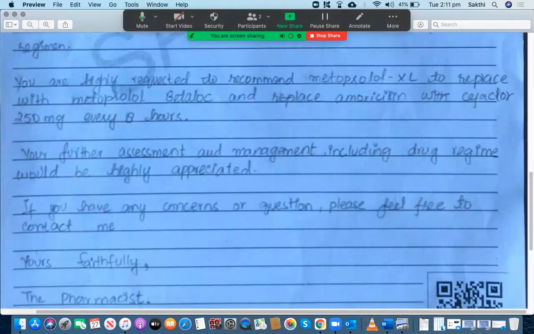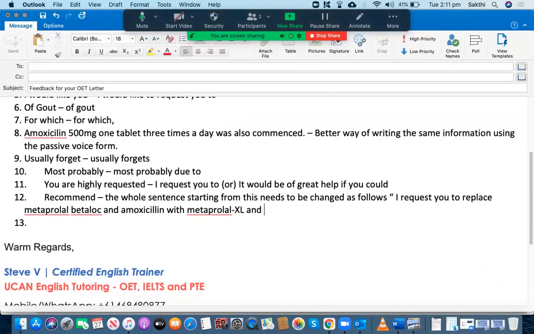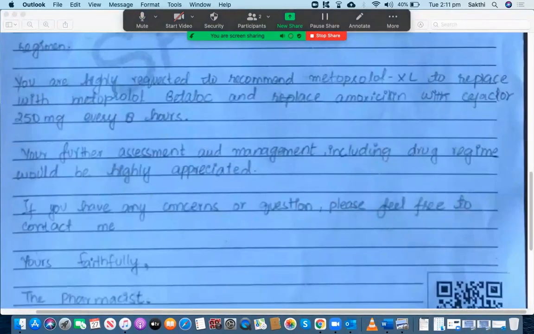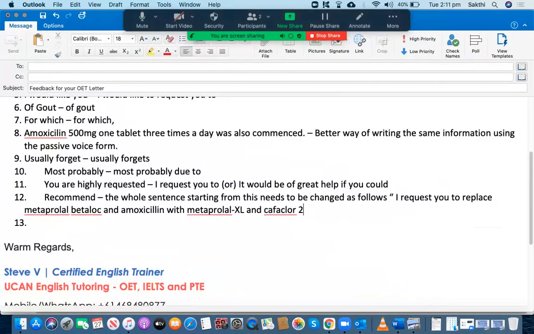Yes. Cefaclor 250 mg, respectively. Yes, that's what I'm saying. Cefaclor 250 mg respectively.